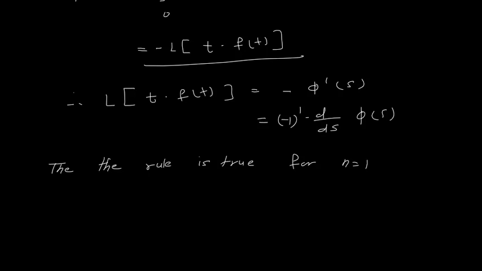Now in second step we assume that it is true for n is equal to m, and we have to prove that it is true for n is equal to m plus 1.